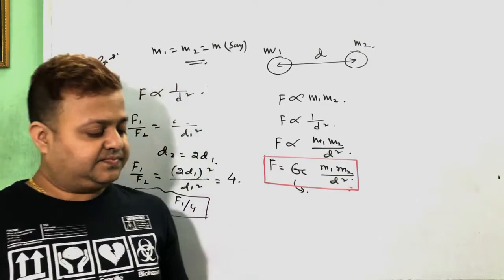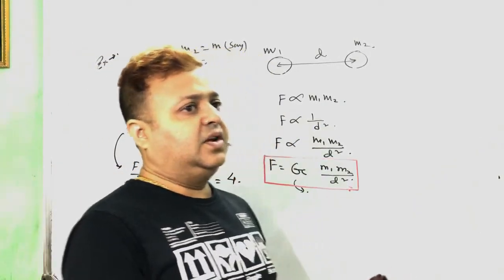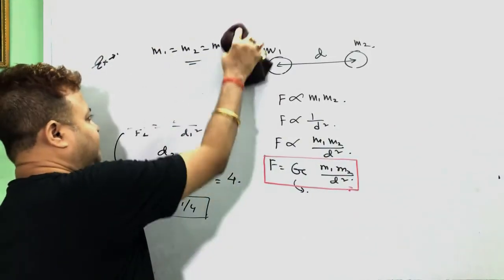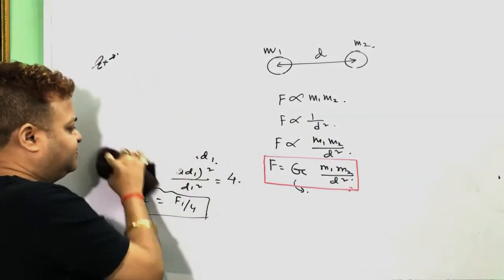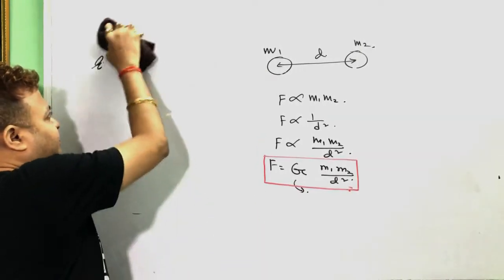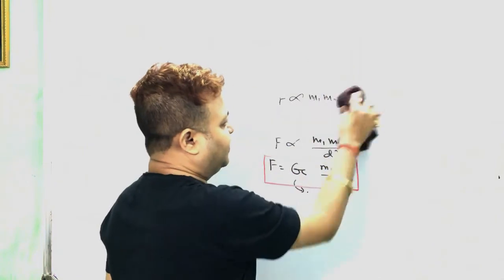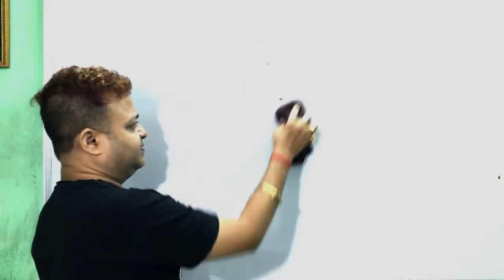Write down what the acceleration due to gravity is. When a body is dropped or projected downward from a certain height, the velocity of the body is gradually increasing with respect to time or with respect to distance.